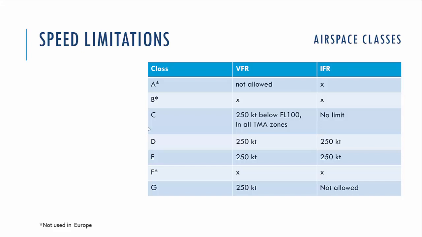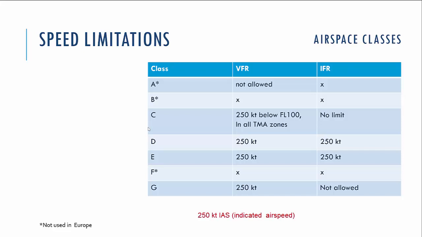As we mentioned, classes A and B are not used in the European Union, and VFR traffic is not allowed in class A, so that means that there is no speed limitations for VFR, and IFR traffic is not limited by the speed in those classes in the United States. Sorry.